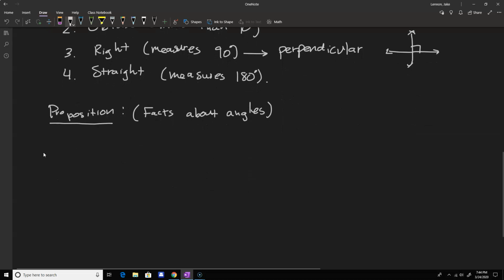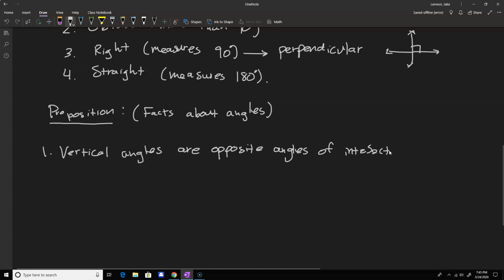So the first one, vertical angles are opposite angles of intersecting lines. So the fact there is vertical angles have the same measure.